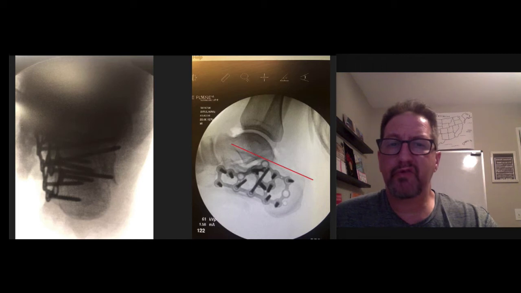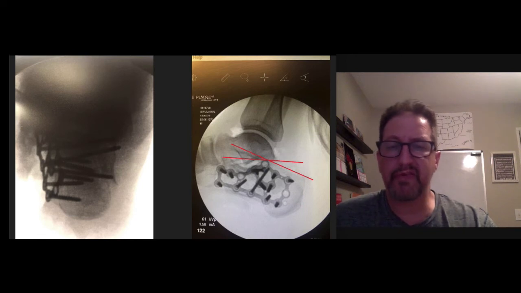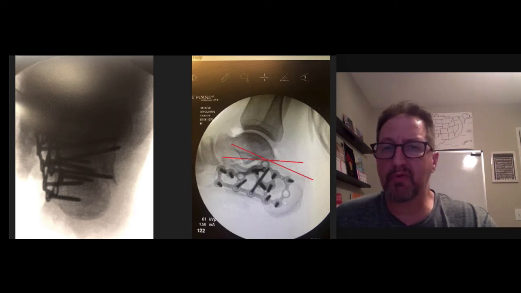So there's the first line and the second line. I measured this myself, and it measures 17 degrees. Now remember, the normal Bowler's angle was 30 to 35. So this still has a low Bowler's angle. When you are doing surgery, you want to make sure that Bowler's angle is as large as you can get.